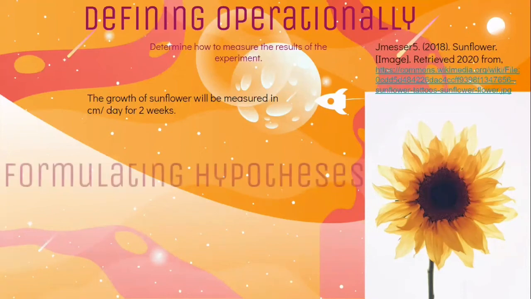Okay, and then the third process skill for the integrated section would be formulating a hypothesis. And so it is important that you formulate a hypothesis before you conduct the experiment, but too many times what I've seen whenever I'm judging science fair projects or just observing students is that they will try to make their hypothesis before they really develop the procedure and do the research.